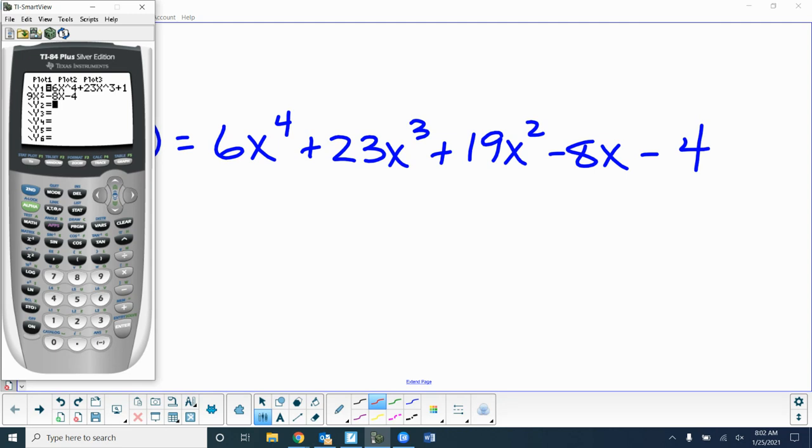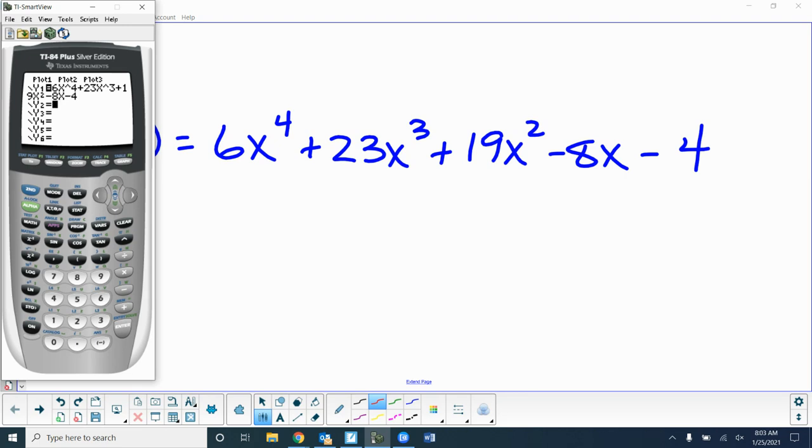Hit that button. Yeah, did you put it in there? Why is there more?